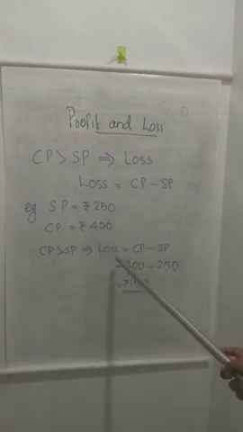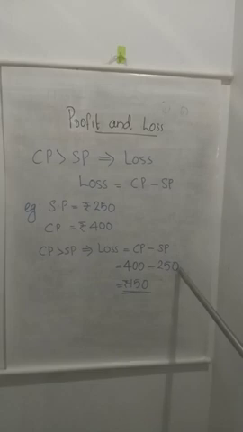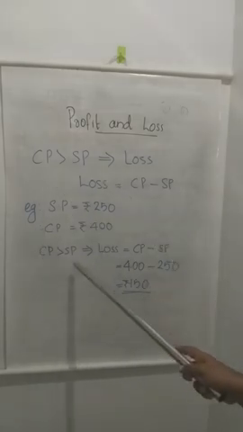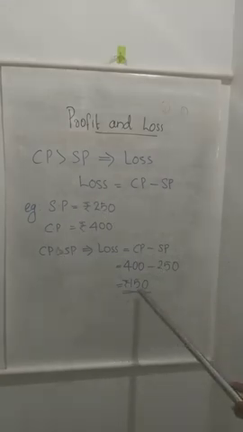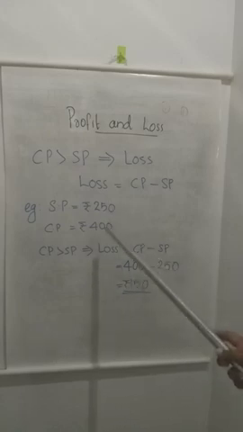So how can we calculate loss? CP minus SP. That is 400 minus 250, rupees 150. Here by this I am having a loss of rupees 150. That means an amount of 150 rupees is less for me after selling.